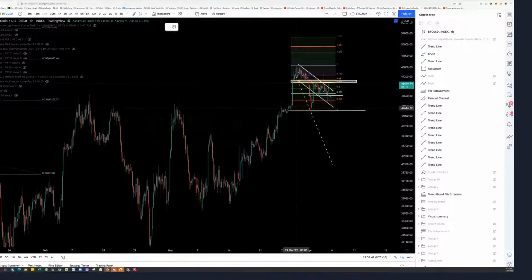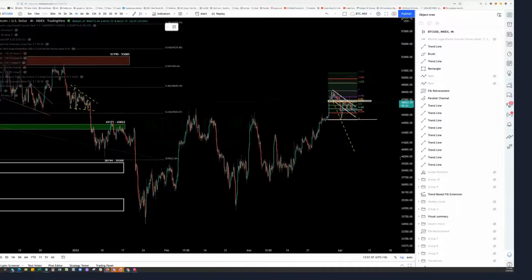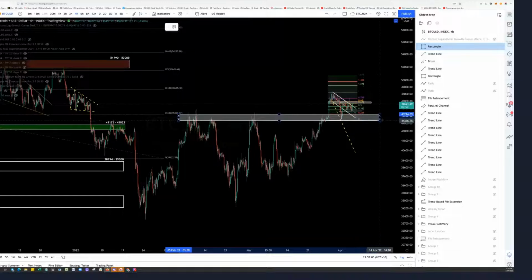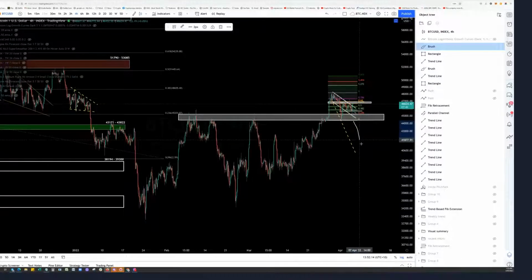So if things line up, if we break this, we've got nice upward momentum, and if we break this, we've got pretty much down. If it goes down below this level, it's going to make it hard. We should not lose this level, because if we do lose this level and go down to 41, it's going to be resistance.